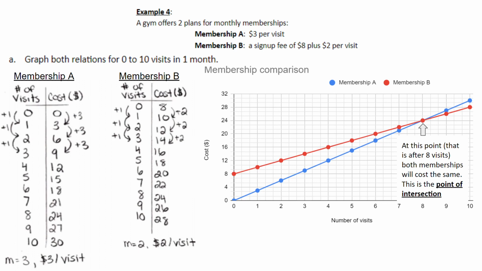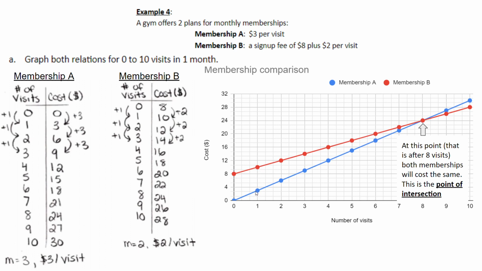But this point of intersection is very important, because as we can see, before we reach the point of intersection, membership B costs more than membership A. As we can tell from the graph, it is above, so it has a higher cost per visit.